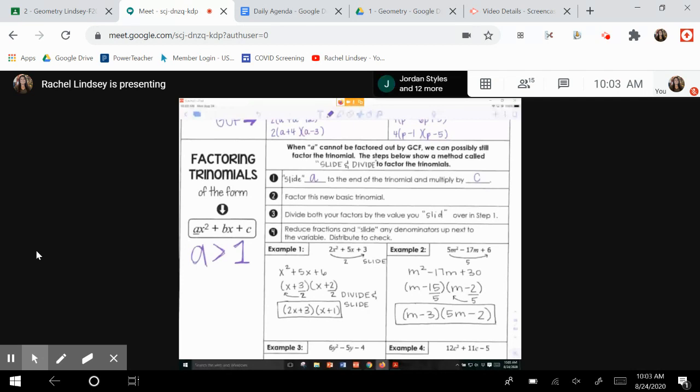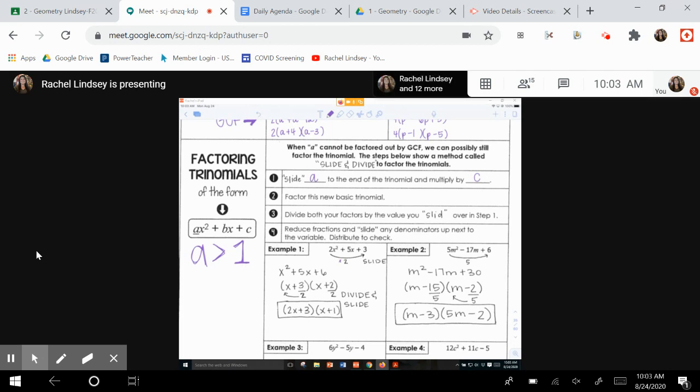So if we look at that first example, I started with 2x squared plus 5x plus 3. There, you can't have a greatest common factor. You can't factor out 2 out of that. You can't factor out a 5 or 3. So what I did was I slide that 2 to the end, and I multiply it by 3, and I get a 6 right here.